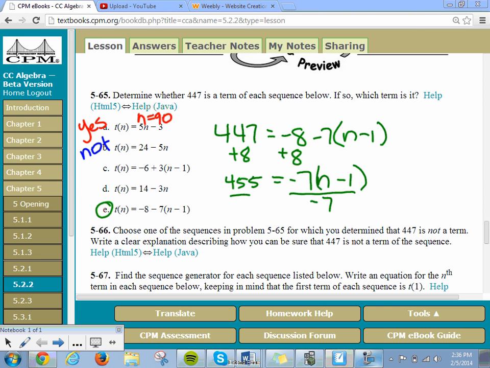Then I'm going to divide both sides by negative 7. 455 divided by negative 7, we've got that negative 65 is equal to n minus 1. And when we add 1 to both sides, we get that negative 64 is equal to n. So one of the things that we wanted is a whole number. However, negative 64 is negative and therefore is not an answer because of that negative sign.